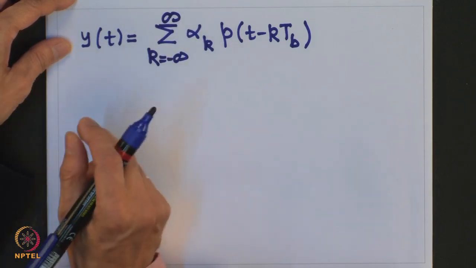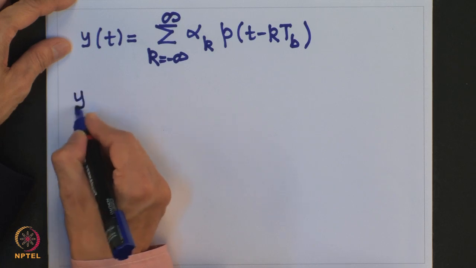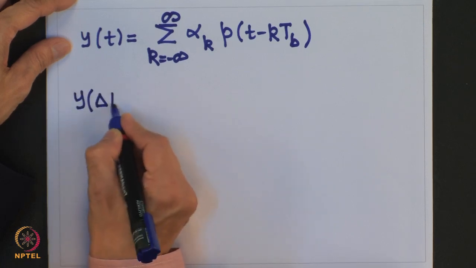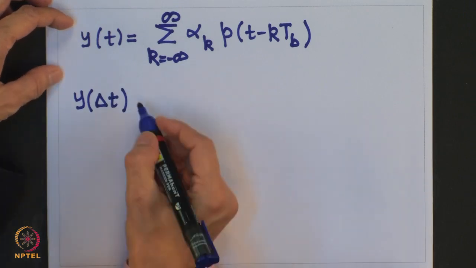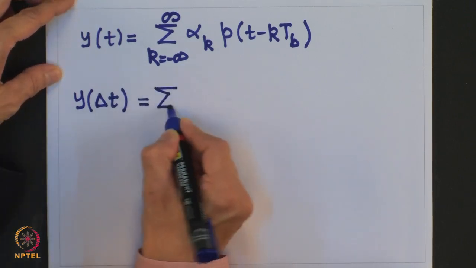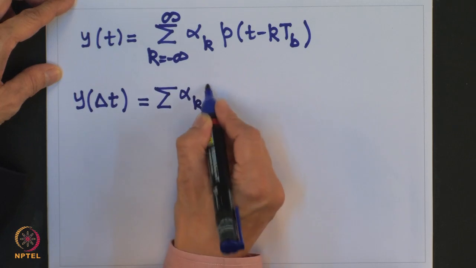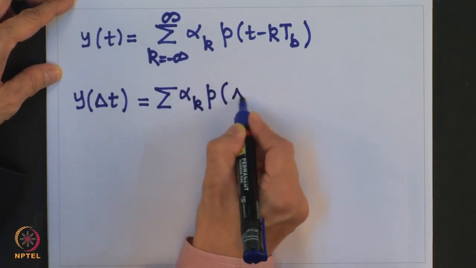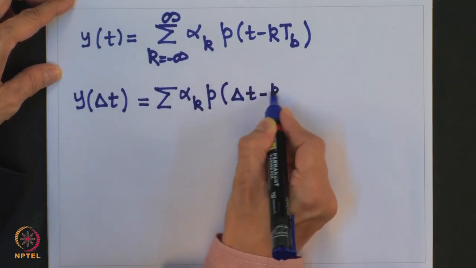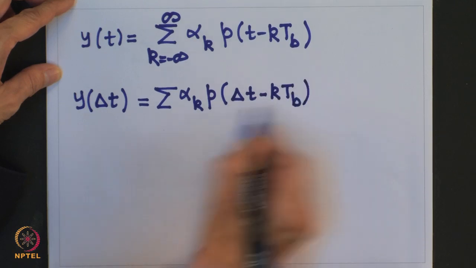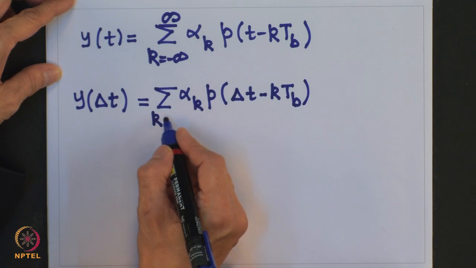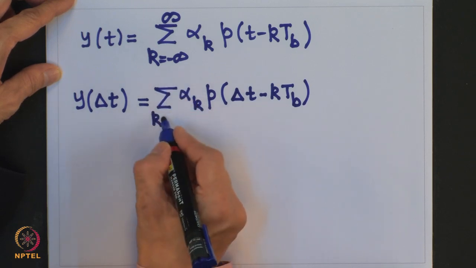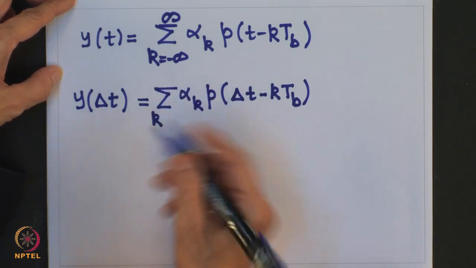Let us say that instead of sampling at t equal to 0, I do the sampling at t equal to delta t, where delta t is small. Now what would happen? This would become this expression here, with k from minus infinity to plus infinity, which I will not write here, it is presumed.